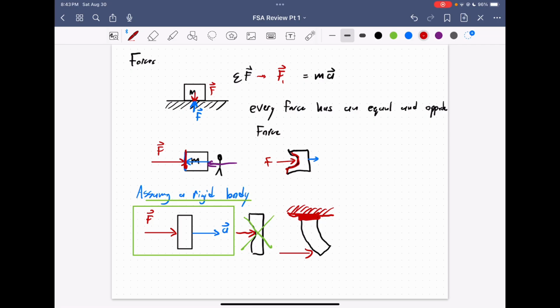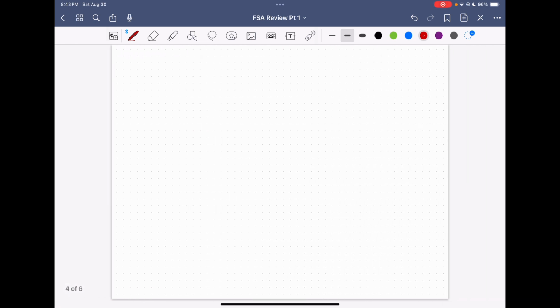So that brings us to our assumptions. We have one, in no particular order, rigid body, right?